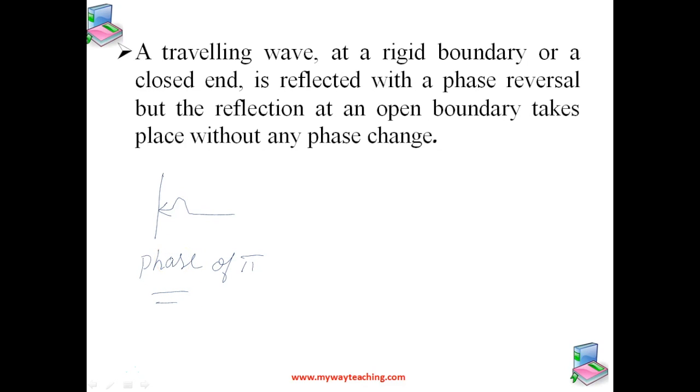If, on the other hand, the boundary is not rigid but completely free to move, such as in the case of a string tied to a freely moving ring on a rod, in that case the reflected pulse has the same phase and amplitude as the incident pulse.